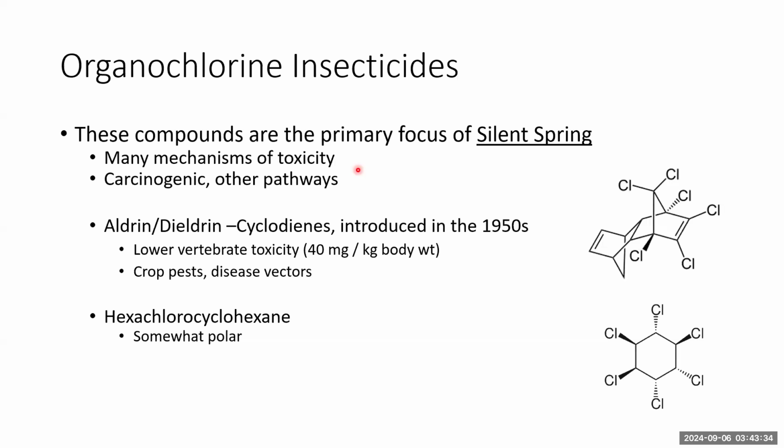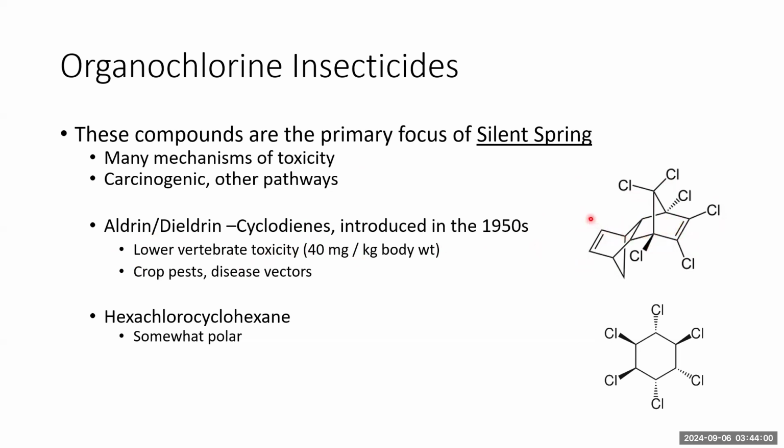Most notable among the compounds that were discussed in Silent Spring are aldrin and dieldrin. These are cyclodienes, like so. Cyclo in that they are surrounded by these chlorines. There are our enes, suggesting that there's a double bond somewhere, in which there are.